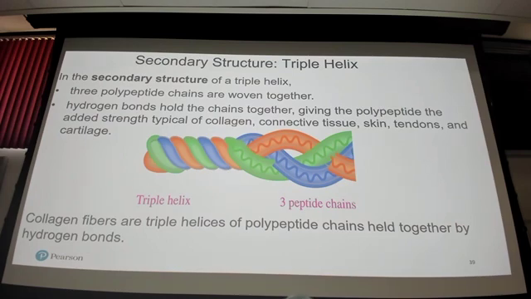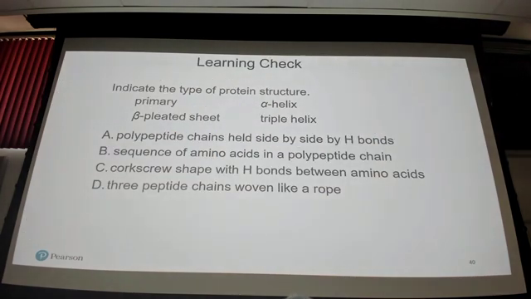Does that make sense? Okay, so come to our first check on learning. With the word bank below, identify the type of protein structure. Polypeptide chains held together side by side: beta pleated sheet.